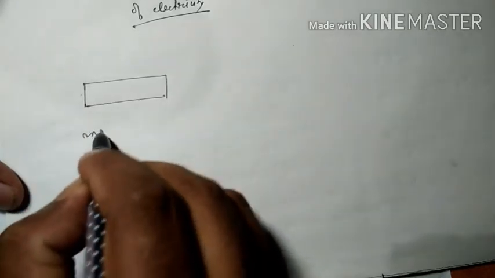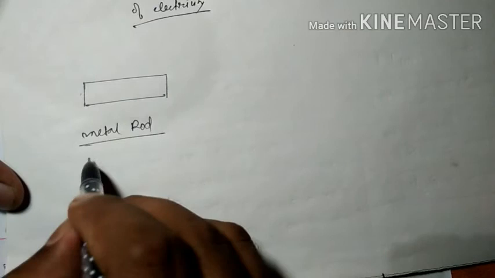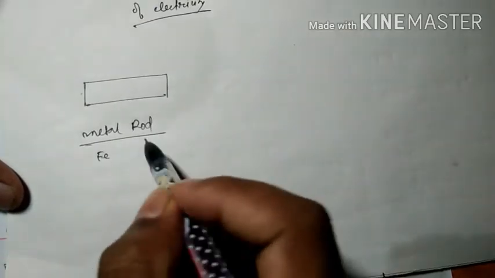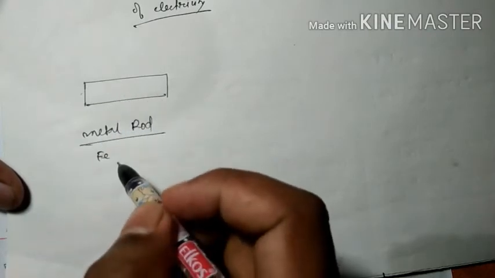Suppose here is a metal rod, suppose an iron rod. Now see here, lots of atoms or molecules or ions are there, okay?